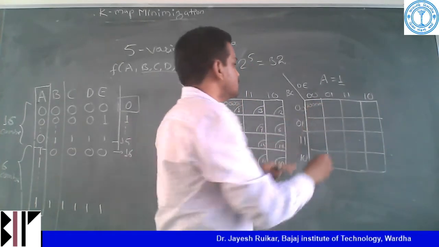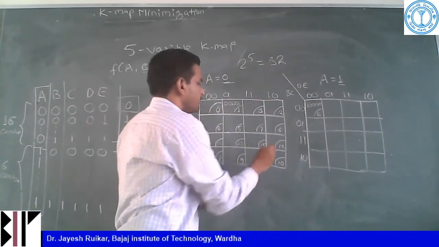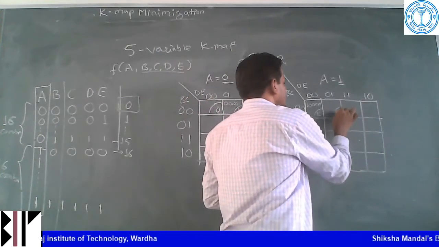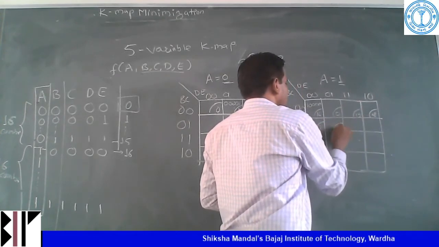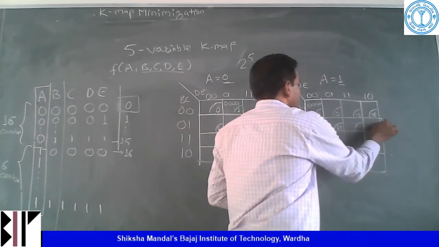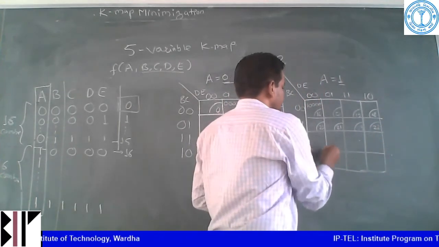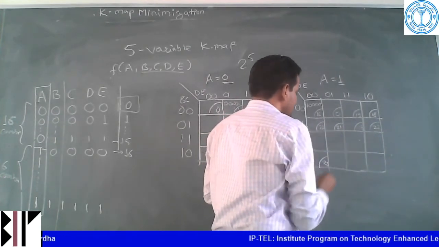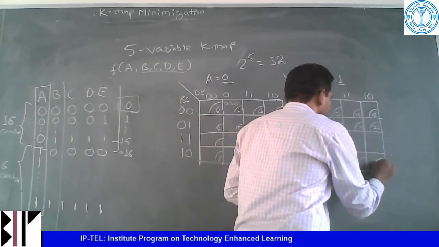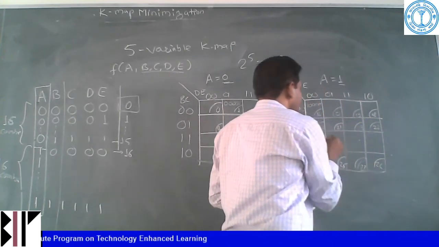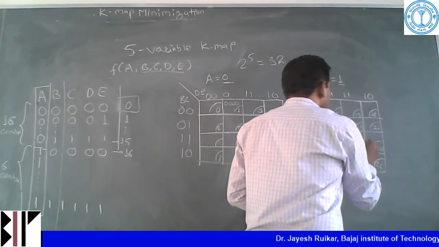Okay, what is this value? This is the value of your 16. Till this time we have 15, then 16, then 17, 18, 19, 20, 21, 22, 23, then 24, 25, 26, 27, 28, 29, 30, and 31.